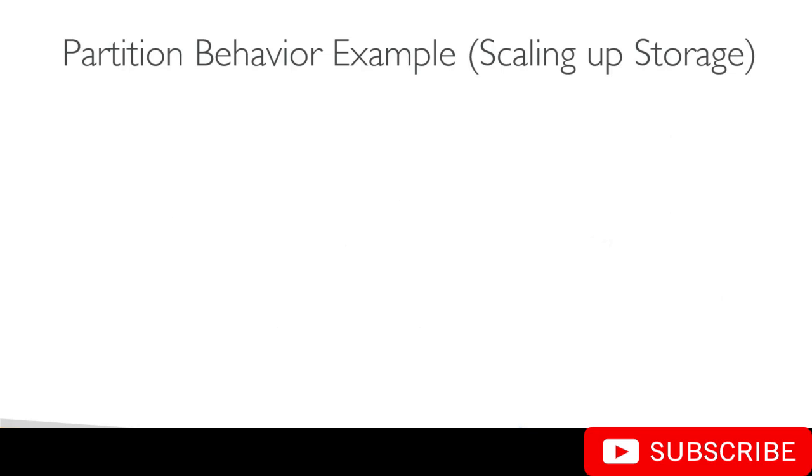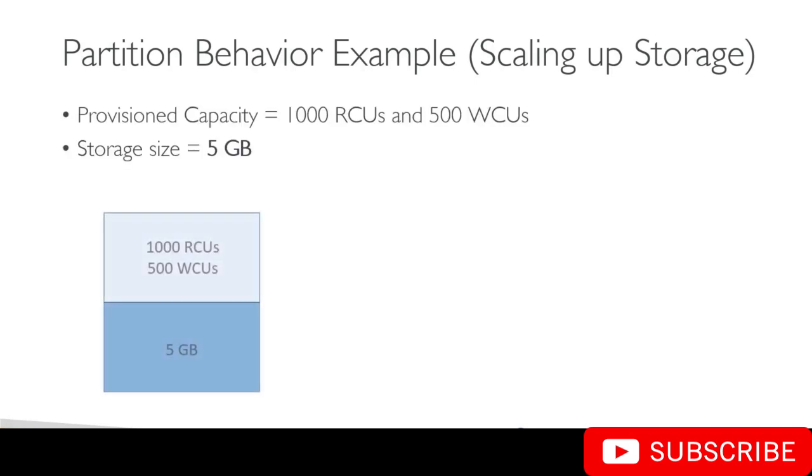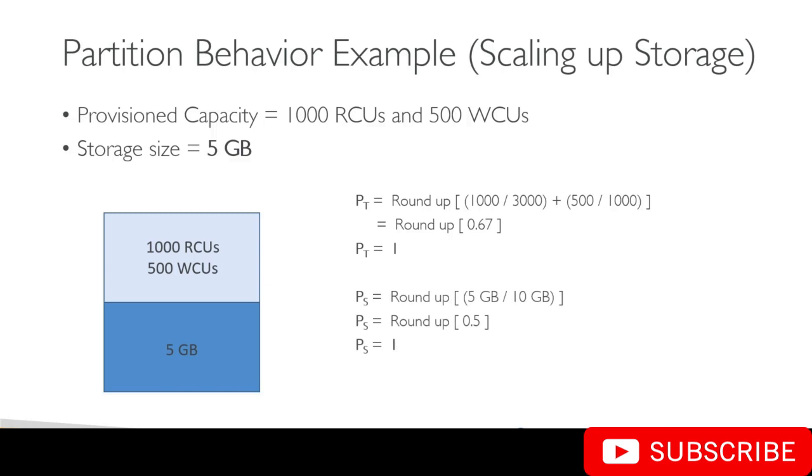Now let's see what happens when you scale up the storage. Okay, so we have a provisioned capacity of 1000 RCUs and 500 WCUs as an example, and your storage requirement currently is 5 gigs. So the number of partitions based on throughput would be 0.67 and rounded up will be 1 partition. And let's calculate based on size. So you divide the available storage size by 10 gigs.